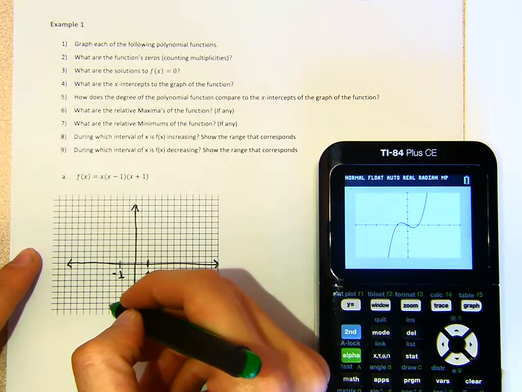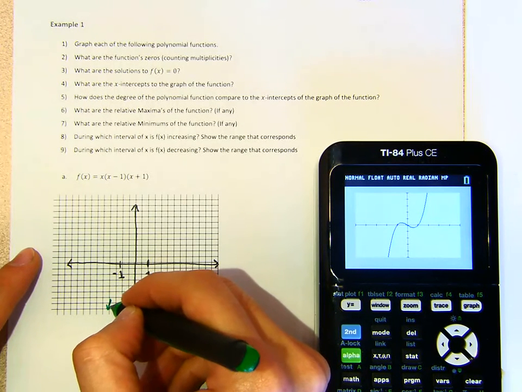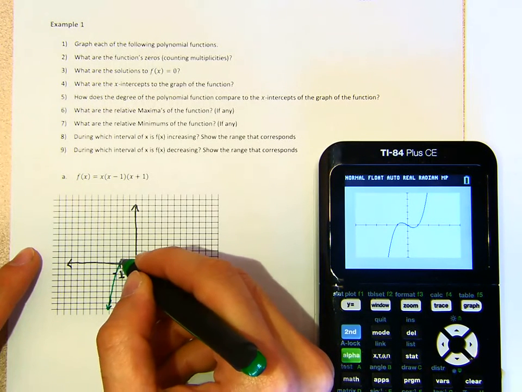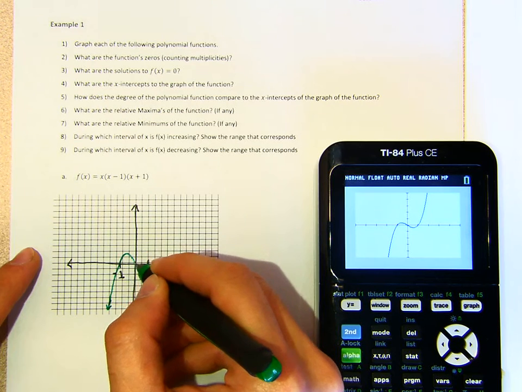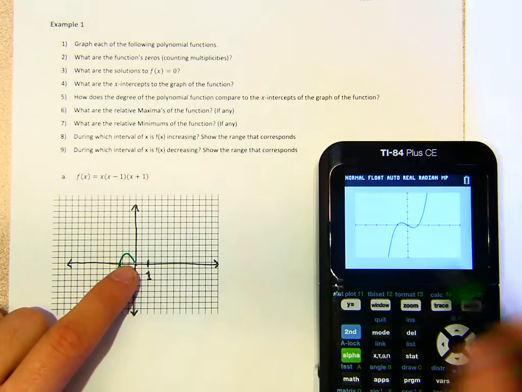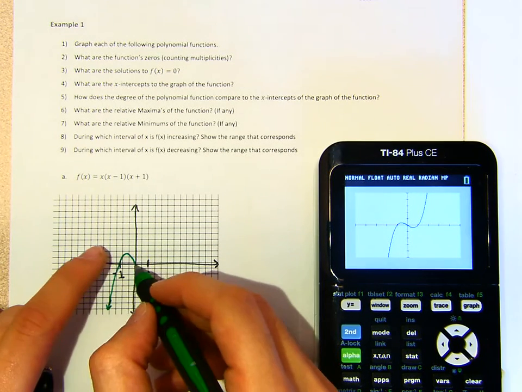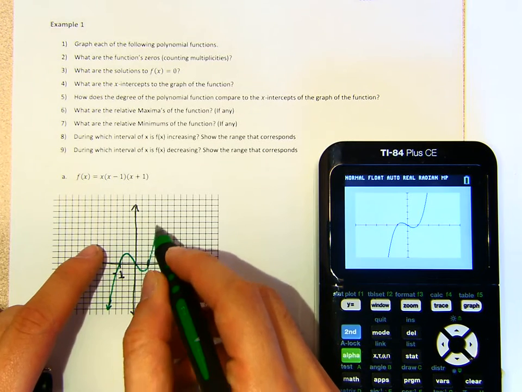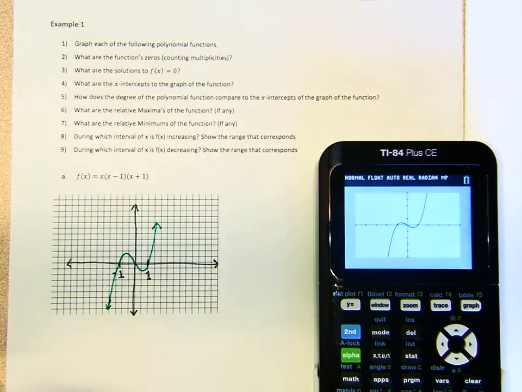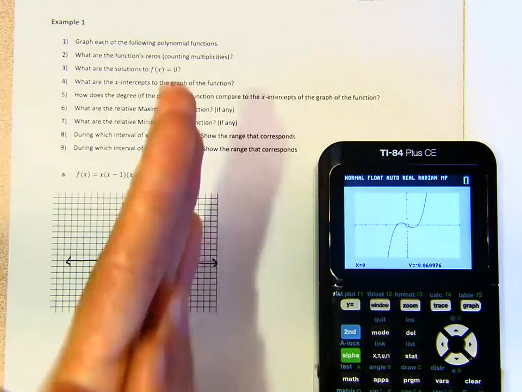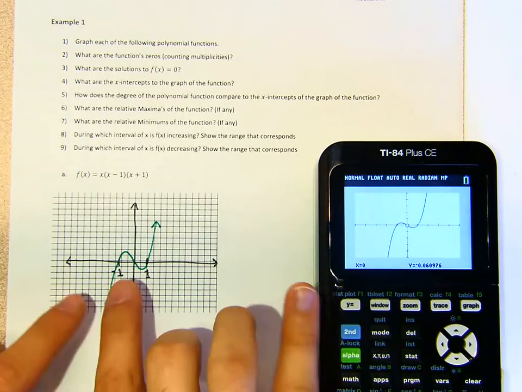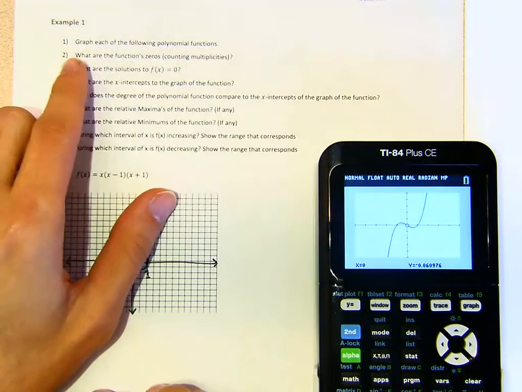It'll start down from here, it hits -1, then it goes back down, it crosses the origin right at the center, it goes down, and then it goes straight up. And this is our graph over here. Congratulations.